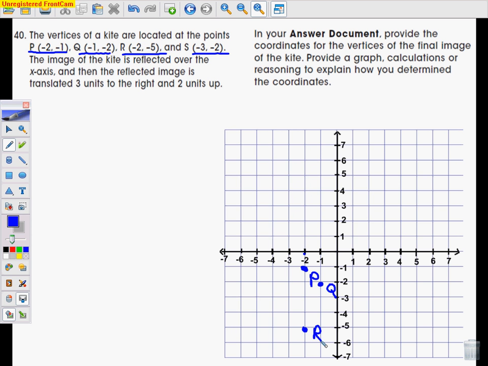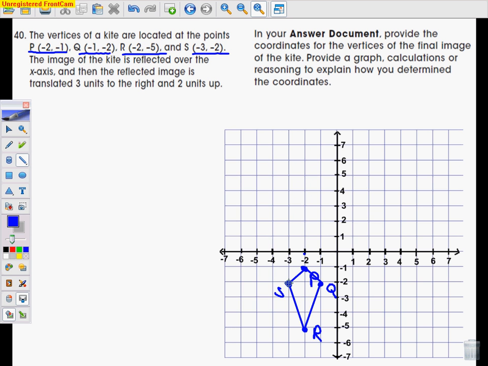And S, (-3, -2), that'd be here. So there's S. I'm going to go ahead and connect these with lines. So here's PQ, here's QR, here's RS, and here's PS. Okay, so that's our original image, our pre-image.